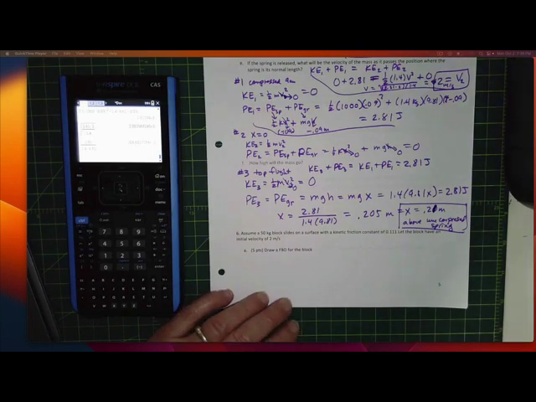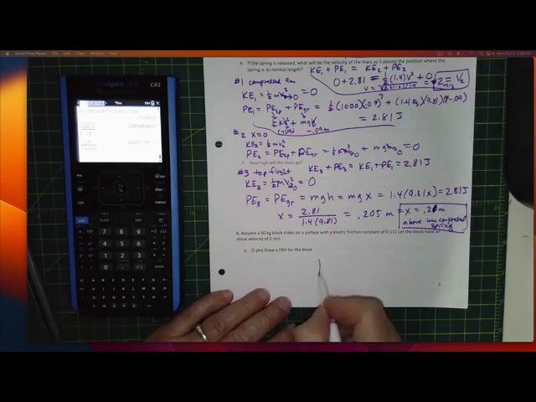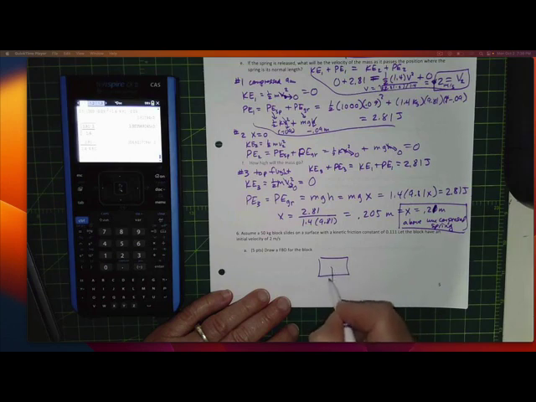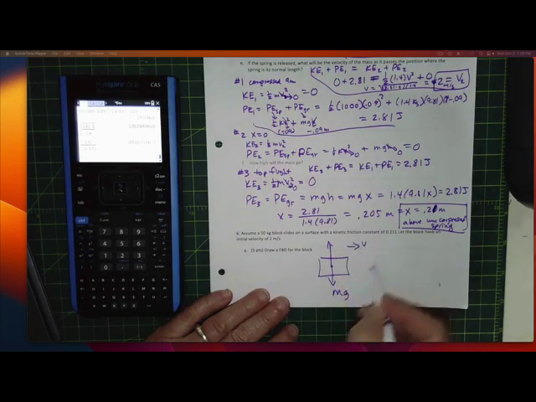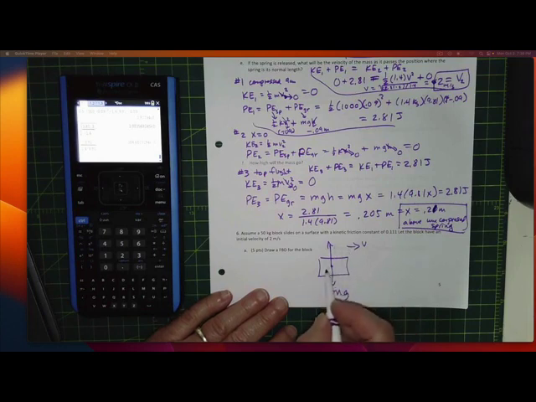Alrighty, number 6. A 50 kilogram block slides on a surface with kinetic friction 0.111. Let the block have an initial velocity of 2 meters per second. Draw a free body diagram of the block. All right, so we've got a block. We've got mg, we've got n, we've got some sort of velocity, initially anyway, and we've got friction.